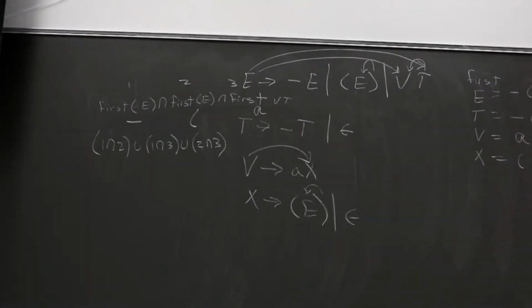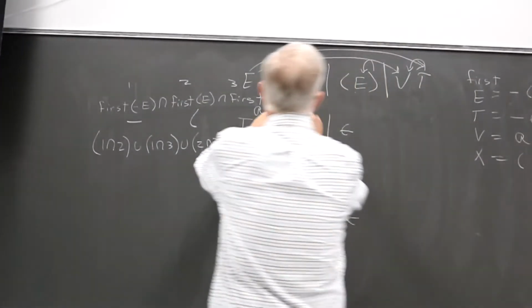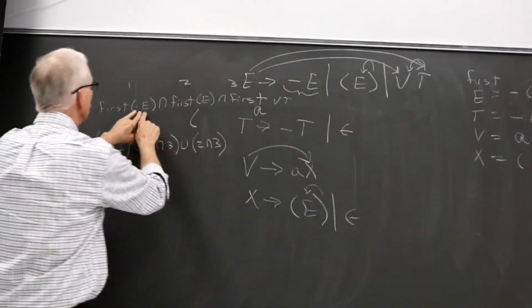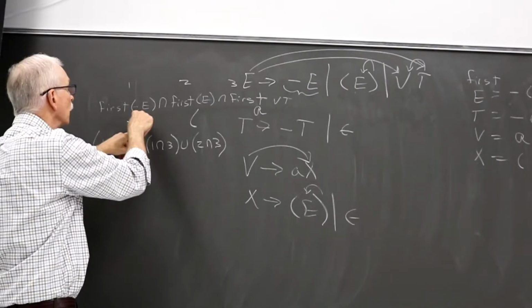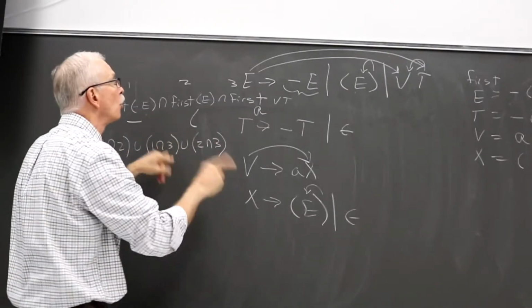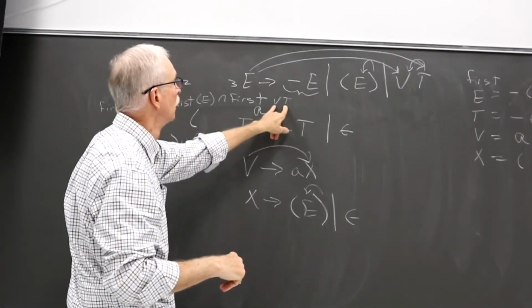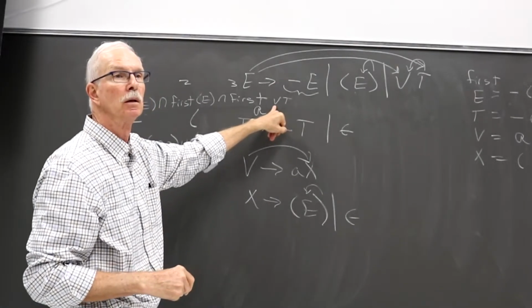Isn't the first of E going to be minus, left paren, and A? But I'm doing the first of this. I'm doing the first of that, which is just minus. So I don't get to the second symbol unless the first symbol has an empty.